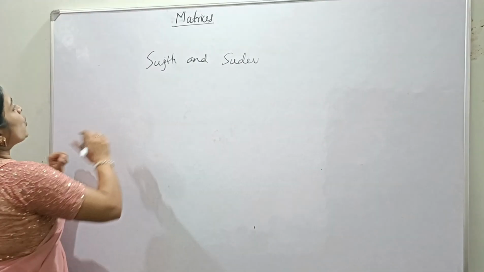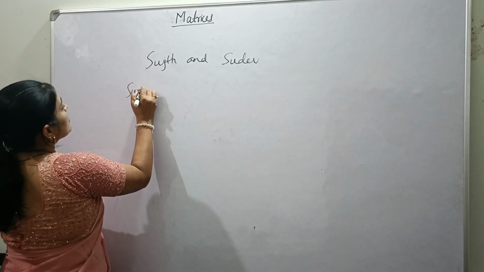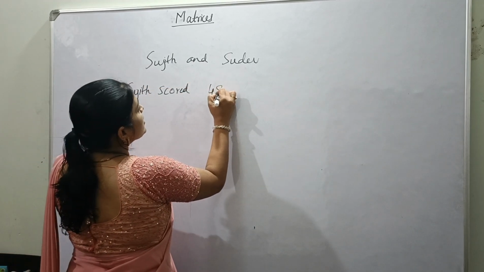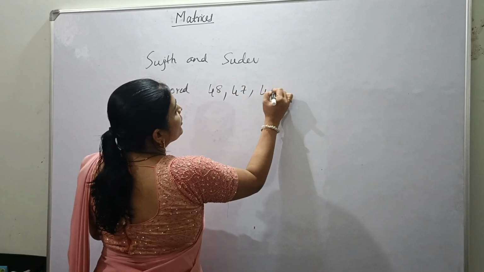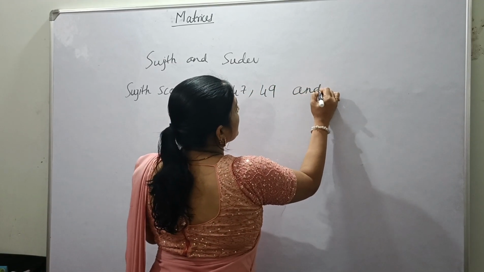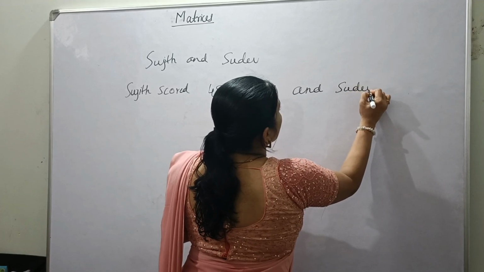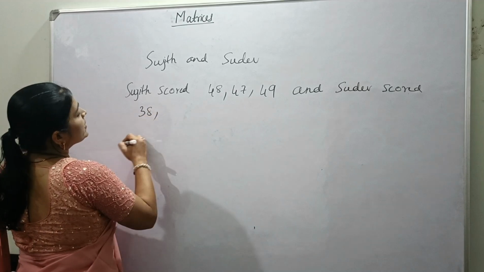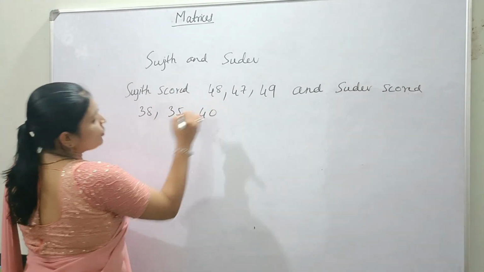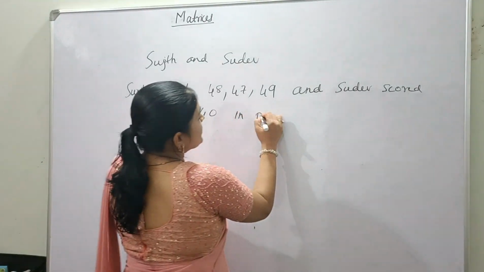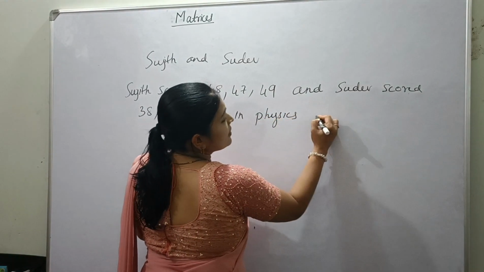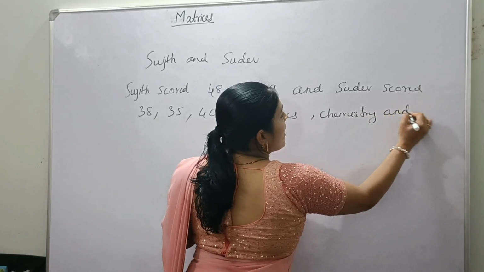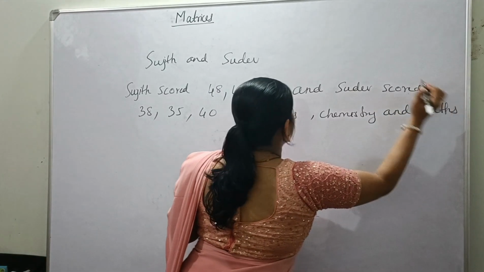Their scores: Sujit scored 48, 47, 49 and Sudev scored 38, 35, 40 in physics, chemistry and maths respectively.